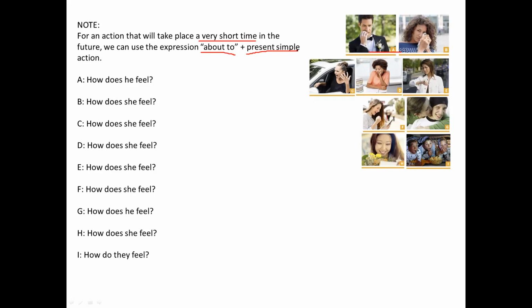So I'll give you the answer to A. How does he feel? He feels nervous because he's about to get married. Now remember, picture B happened a short time in the past. We need to use a simple past sentence. B, how does she feel?